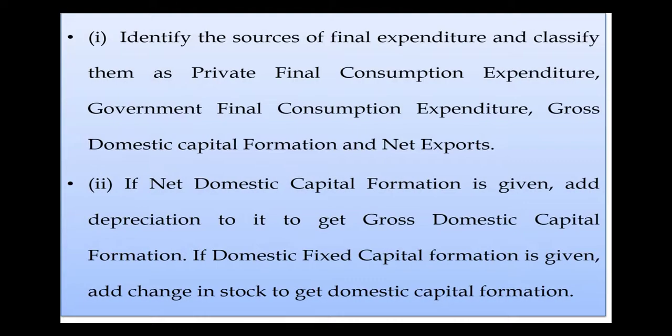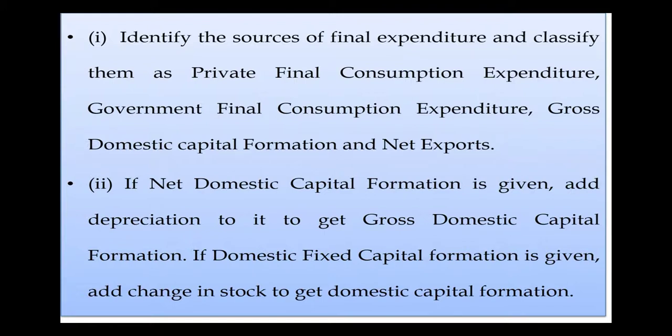We'll take some precautions while estimating. First of all, identify the sources of final expenditure and classify them as private final consumption expenditure, government final consumption expenditure, gross domestic capital formation and net exports.